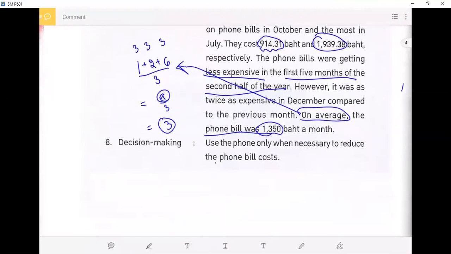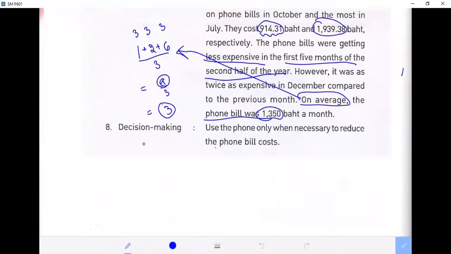Okay, decision making. What is her decision making? Maybe she would say, I'm going to quit the school, I'm tired. No, she doesn't give up, right? So she says, use the phone only when it is necessary, when it is important, to reduce the phone bill.